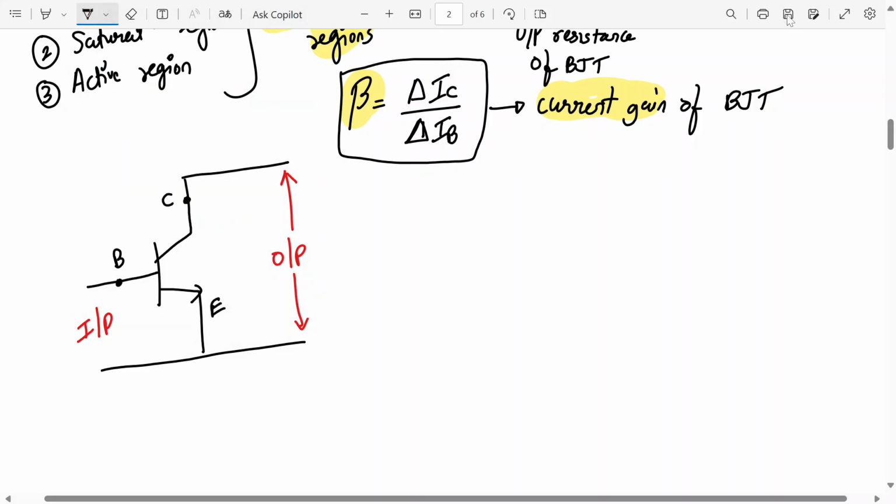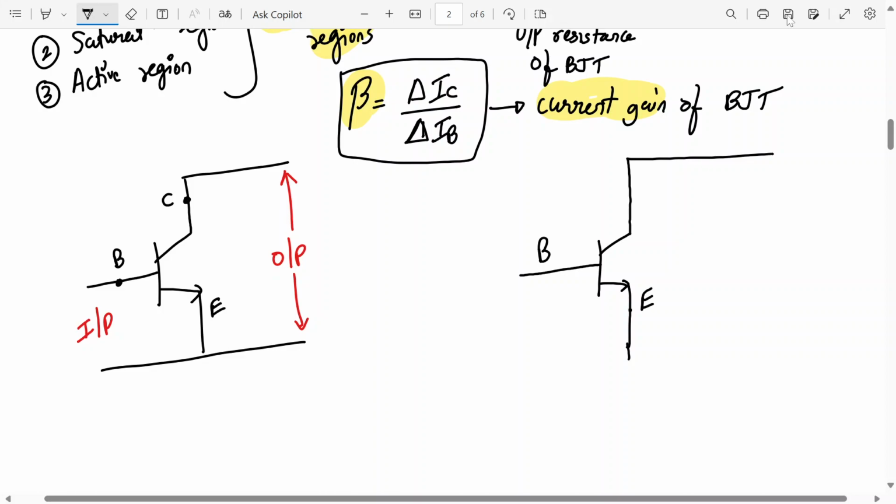तो proper circuit कैसे होगा? We will have a BJT. Of course, remember we connected resistors to limit the current only. So let me first draw the base emitter.